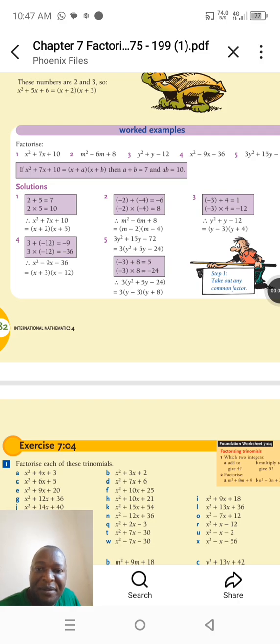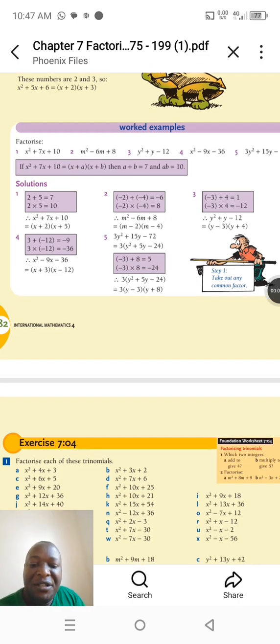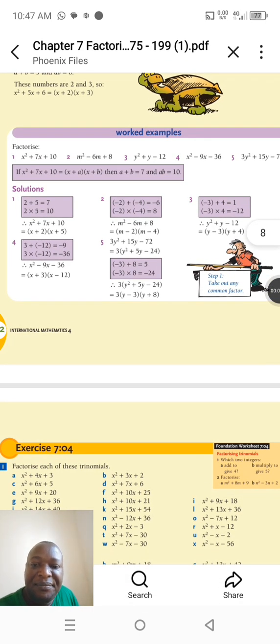I repeat, for us to factorize x squared plus 7x plus 10, we need to identify two numbers whose product is 10. And for us to get that product of 10, we take the coefficient of x squared, which is 1 in this case, and the constant number in the expression, in this case 10. So 1 times 10 is 10.